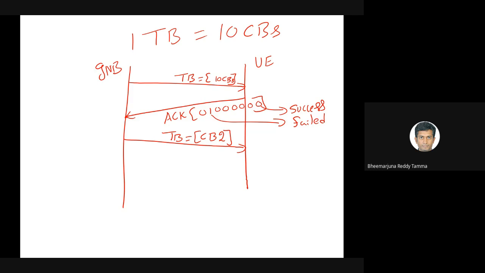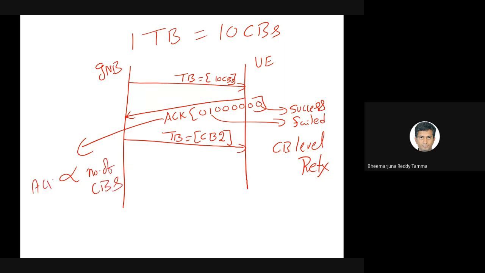But what I'm trying to say is, the problem with CB level retransmission is the acknowledgement size grows. It is a function of the number of code blocks. The ACK size or the signaling overhead increases with the increase in the number of code blocks.